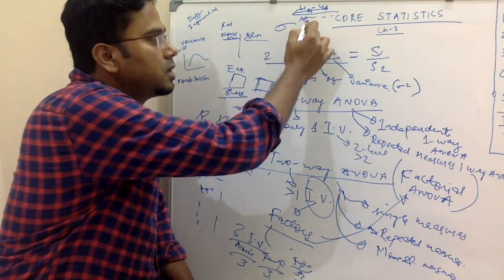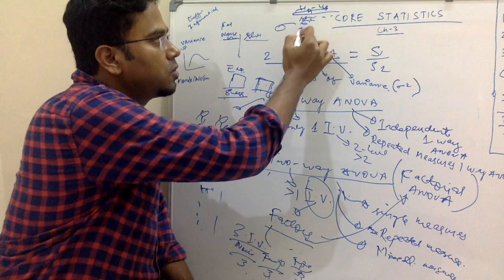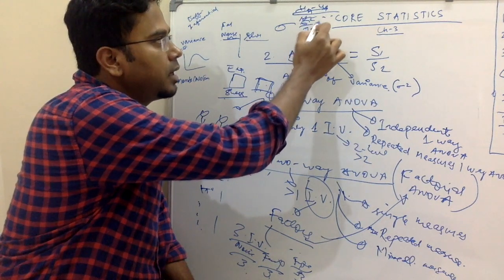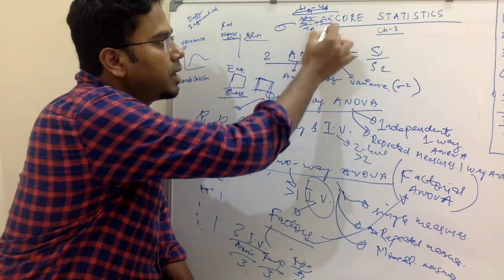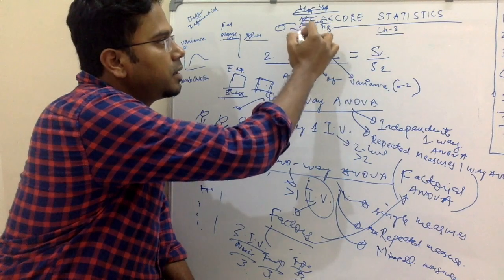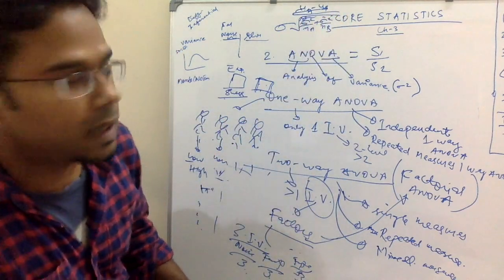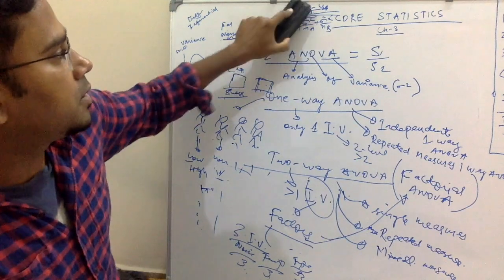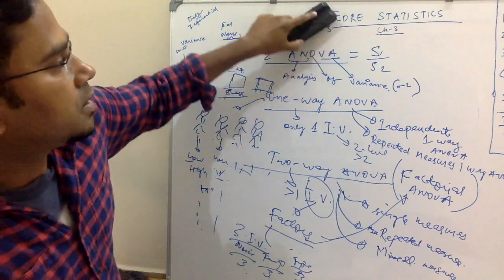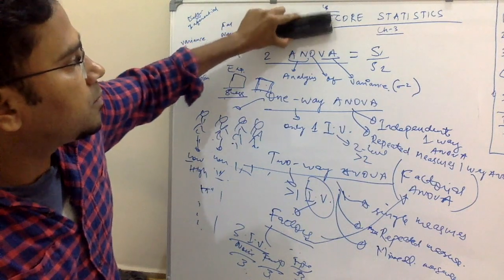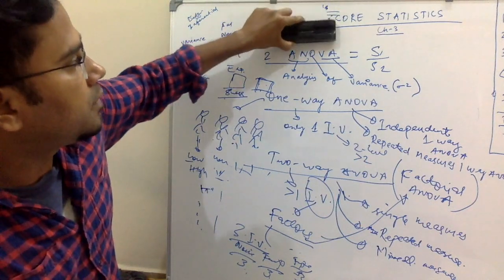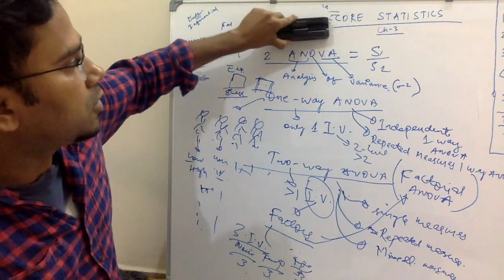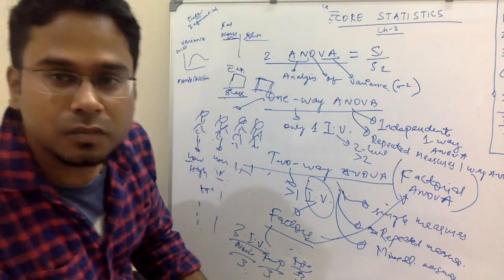That means it was square root of sigma square by NA plus sigma square by NB. Right? So it was basically variance. So what we had explained in normal sentence, the T-test was the difference between the means divided by variability of the data set. Okay.